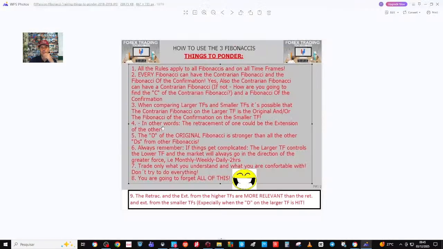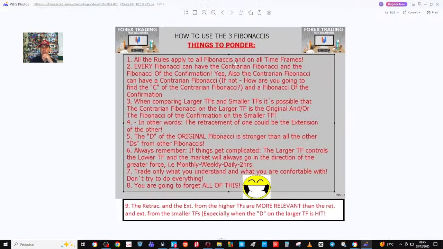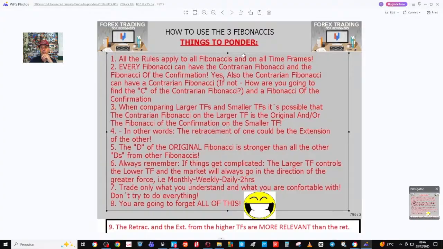we are going to use this one. The 3 Fibonacci's, 3 things to pawn. Forex trading for beginners. All the rules apply to all Fibonacci's and all time frames. Every Fibonacci can have the contrarian Fibonacci and the Fibonacci of the confirmation, which we didn't learn yet. Yes, also the contrarian Fibonacci can have a contrarian Fibonacci. If not, how are you going to find the capitals of the contrarian Fibonacci and the Fibonacci of the confirmation?